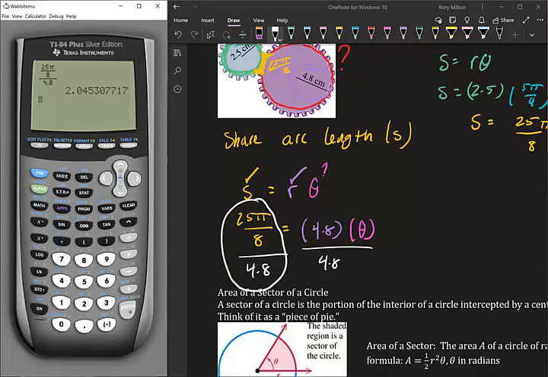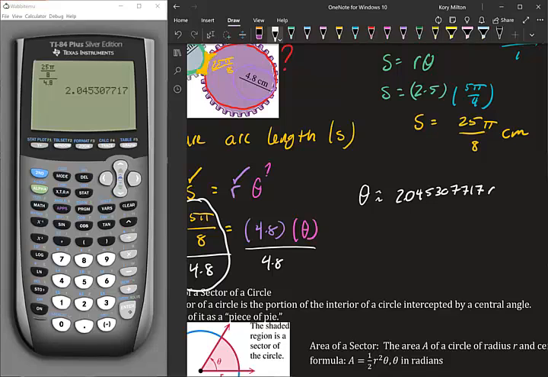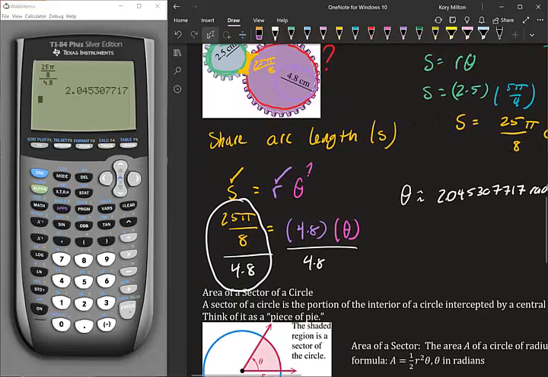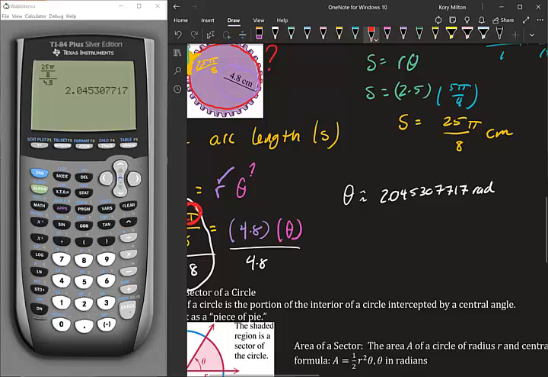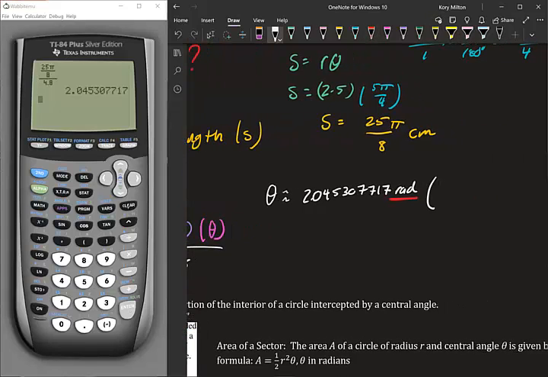And remember we're in radian mode right now. So we get theta is approximately 2.045307717 radians. We're working with radians. How do we know we're working with radians? Because we have the pi. So we need to convert this to degrees. To convert this to degrees, we need to multiply by 180 over pi.